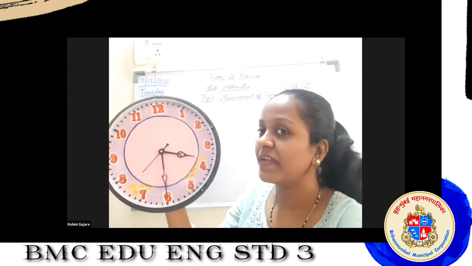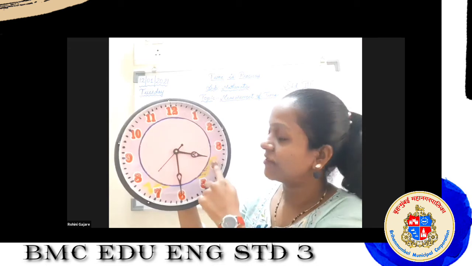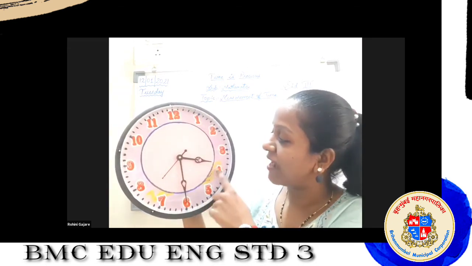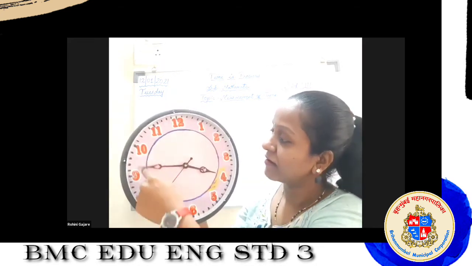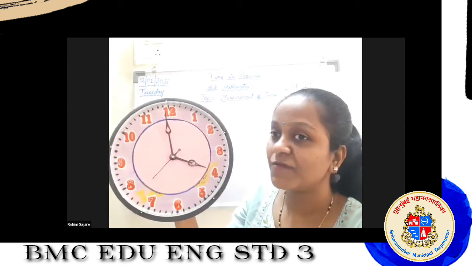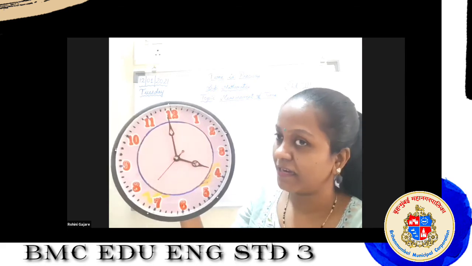Now, how are we going to read the time? 30 minutes past 3. Okay? 30 minutes past 3. Yes. Now, what time is it showing? Yes, it's 4 o'clock.